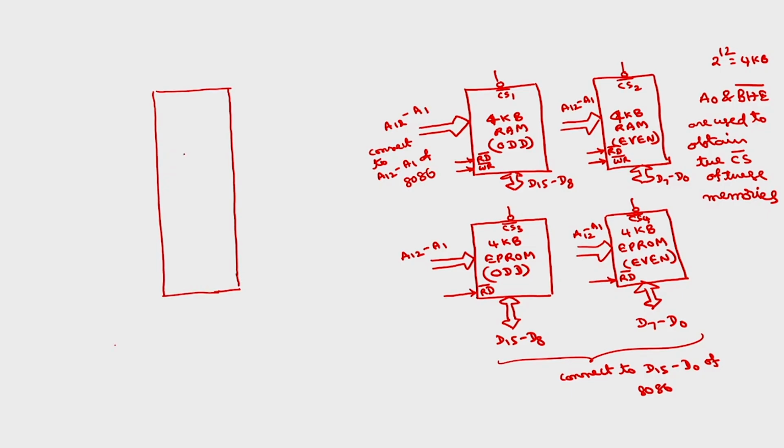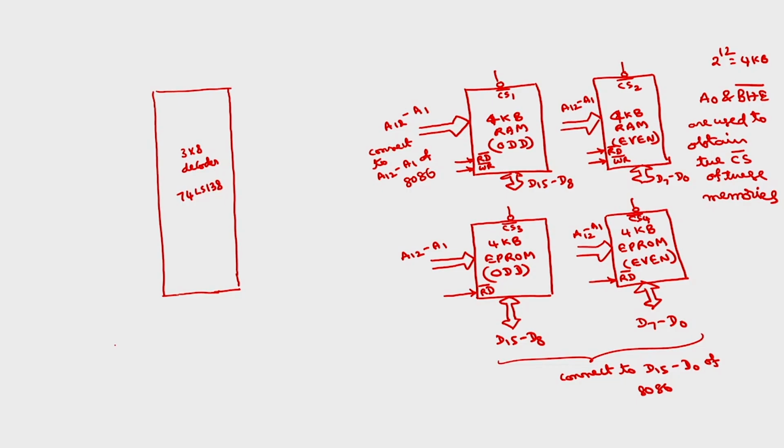If I take 74LS138, it is the 3 to 8 decoder IC.